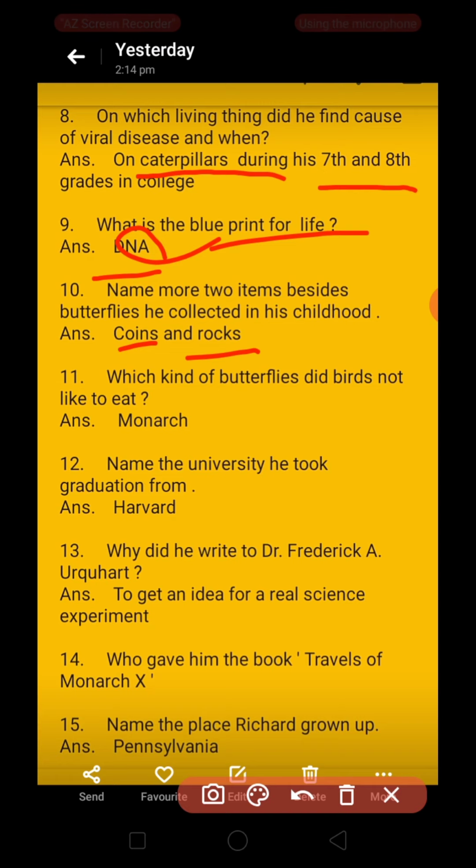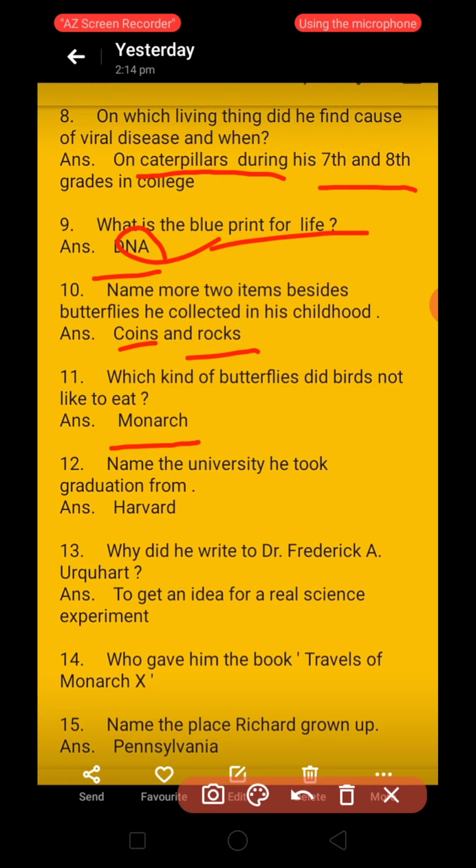In question number 11, which kind of butterflies did birds not like to eat? Dear students, in the text we have the monarch butterfly and the viceroy butterfly. The monarch butterfly was not tasteful to birds. So the answer will be the monarch butterfly.